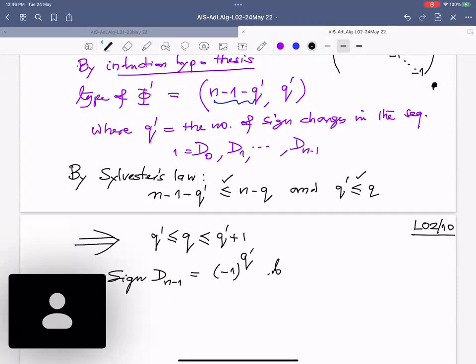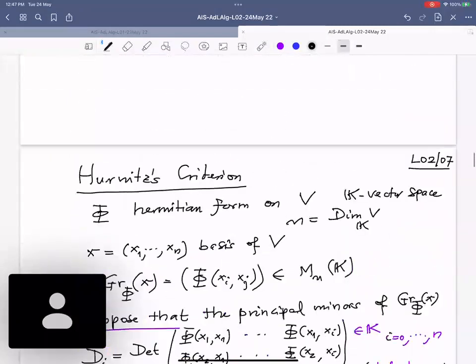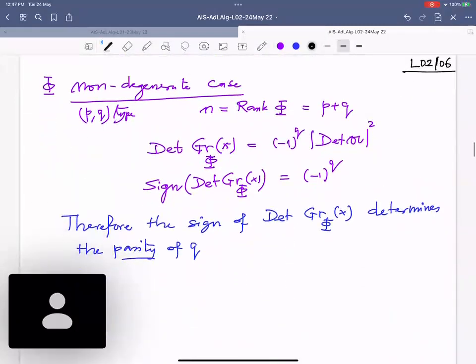This is by the observation after Sylvester's law. This observation. Listen. Therefore, the sign of the determinant of the Gram's matrix determines the parity.